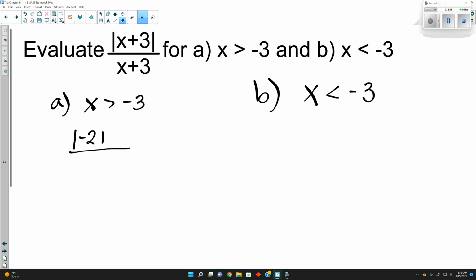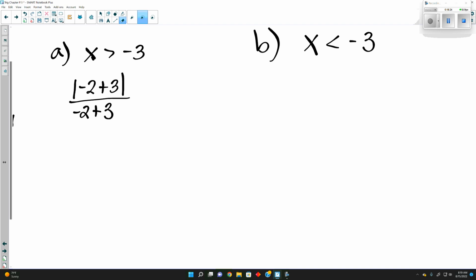So we could say the absolute value of -2 plus 3 is on top. On bottom, it would just be -2 plus 3. Well, -2 plus 3 is 1. The absolute value of 1 is still 1 over 1, which is just 1. So it works out to be 1.